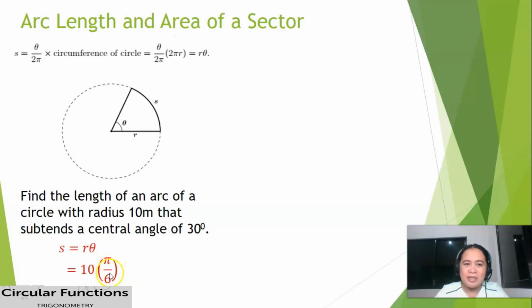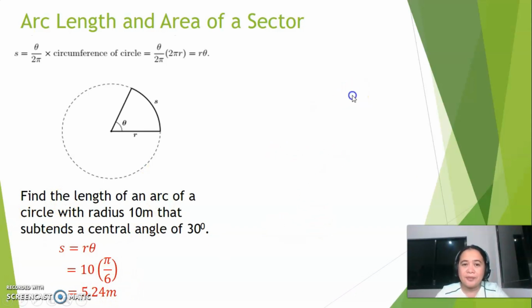By the way, class, when you talk about circular functions, you should always deal with angles in radians. So simplifying, we will have 5.24 meters. That is the length of the arc.